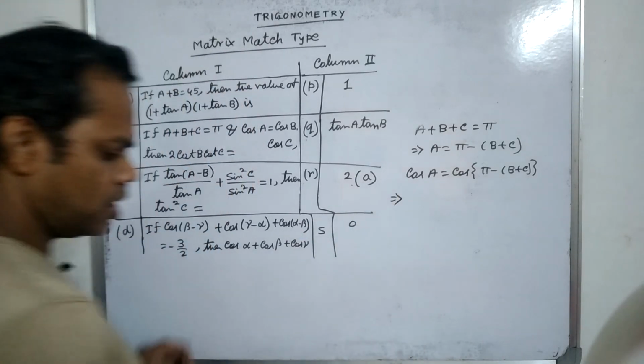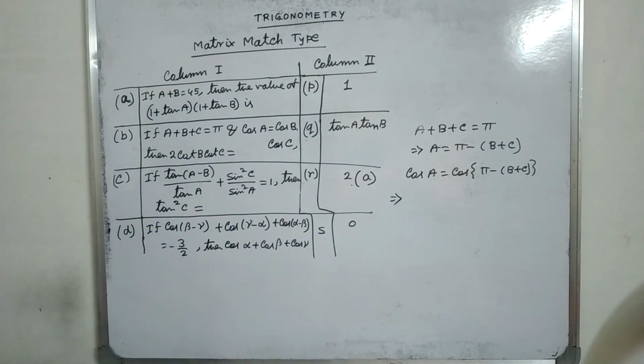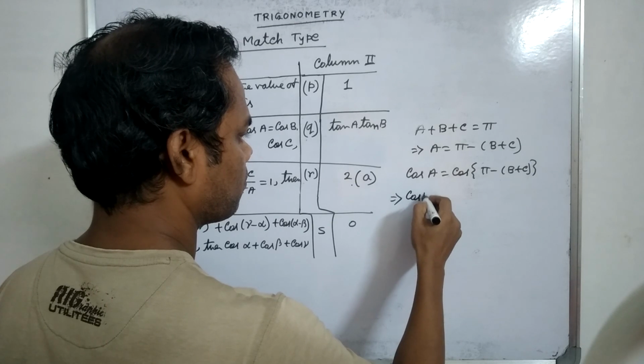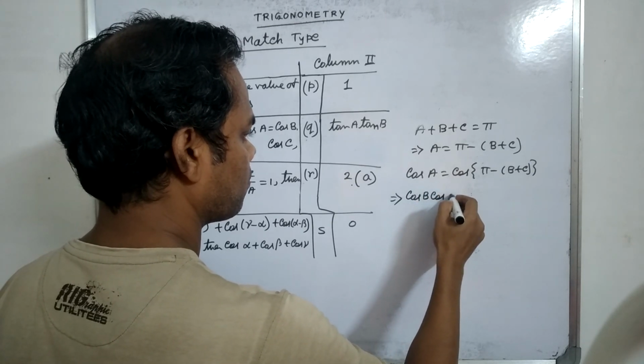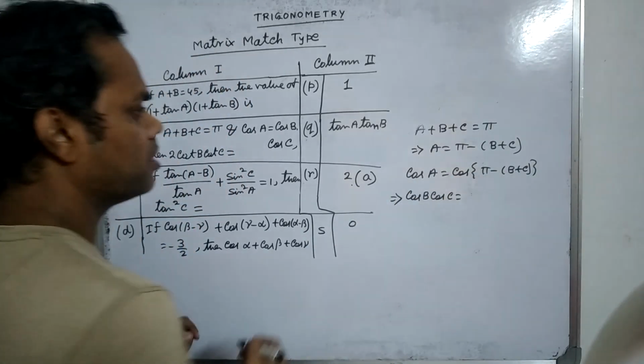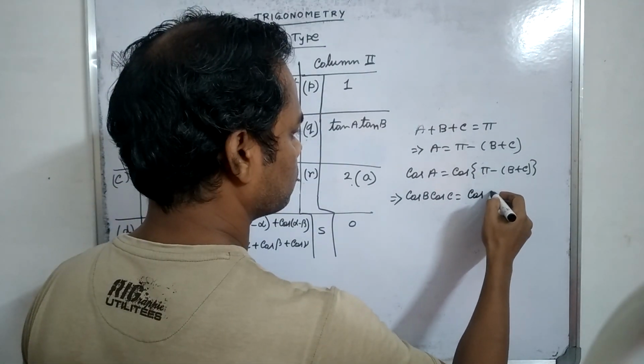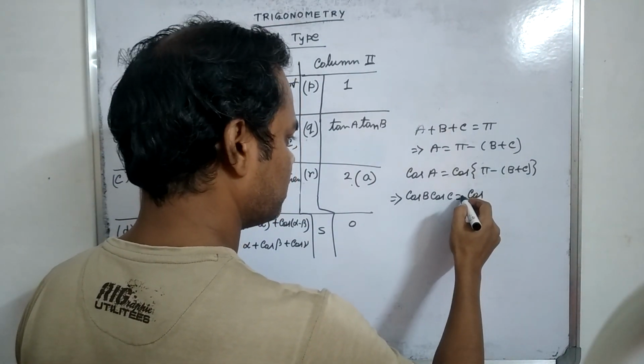So cos a can be written as cos a equal to cos b cos c, given. Cos (pi minus theta) is minus cos theta.